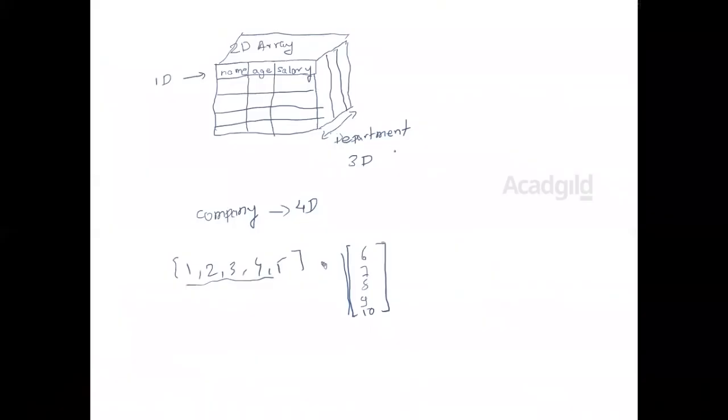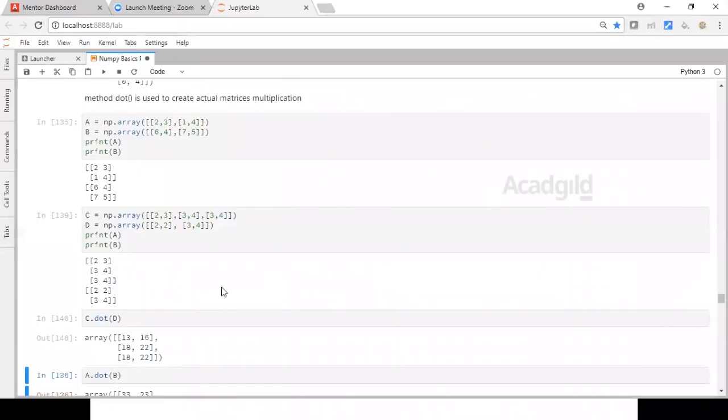The inner 2 and 2 should be similar to make the matrix multiplication work, and the output will be 3 by 2. So we have a matrix which is 3 by 2.